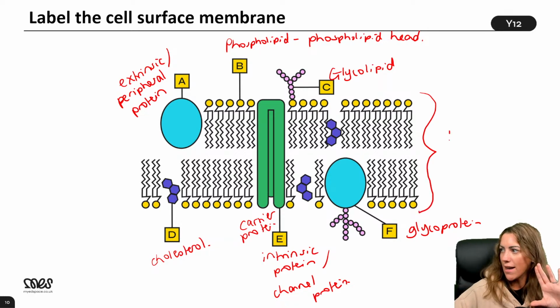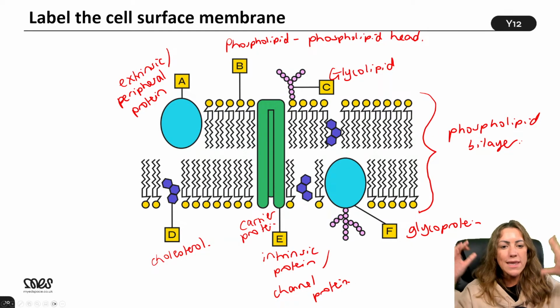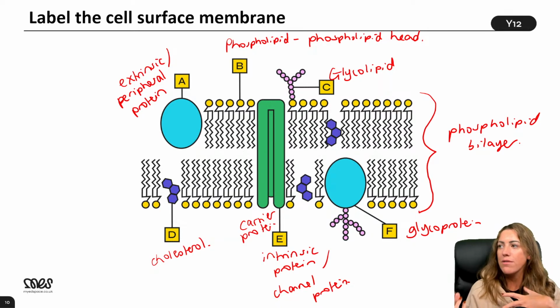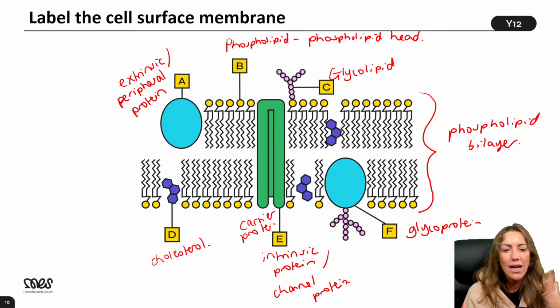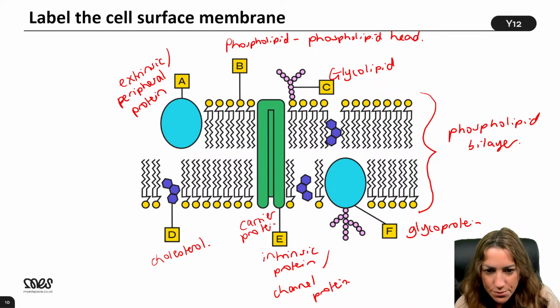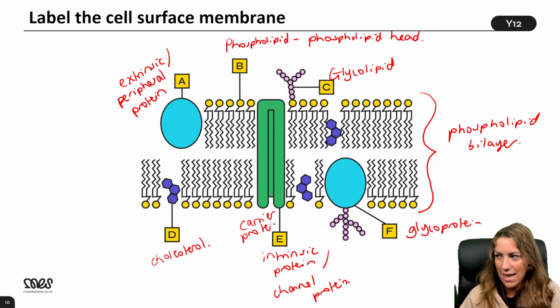Okay, so I want to do a big bracket here as well. Phospholipid bilayer with the proteins embedded in it. We've got intrinsic and extrinsic proteins. We've got some glycoproteins. We've got some glycolipids. We've got cholesterol. So this is kind of what I wanted you to be able to do by the end of the lesson.